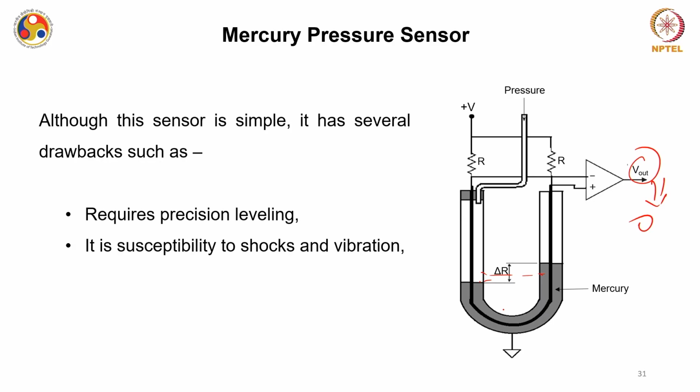Consider that this system is subjected to some vibration, which can be periodic, for example. There will be some output deflection between plus and minus values, maybe in some nanovolts. But the null condition will be very difficult to achieve.